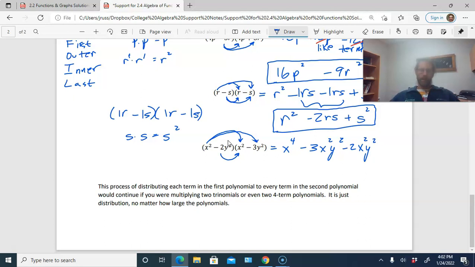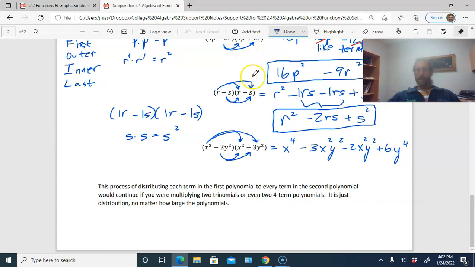And then finally, we've got the negative 2y squared times the negative 3y squared. So the negative 2 times the negative 3 will give us a positive 6. And the y to the second times another y to the second will give us a y to the fourth.